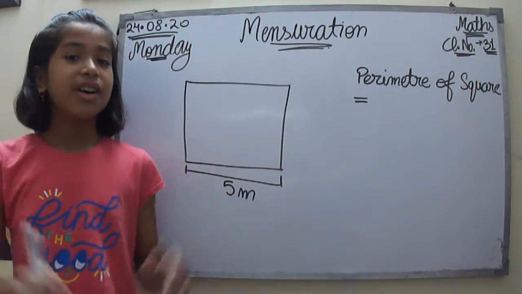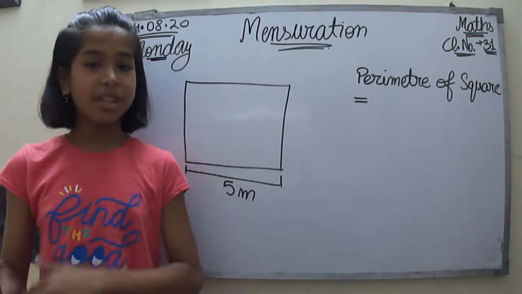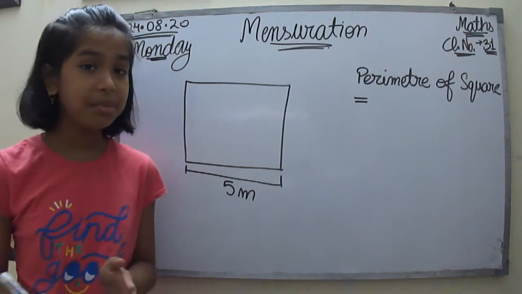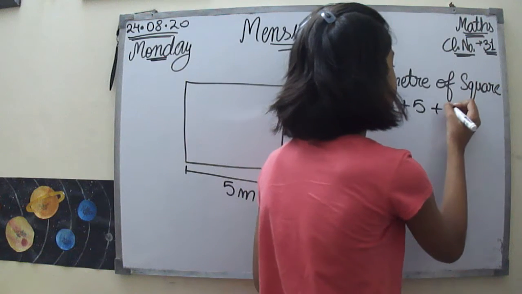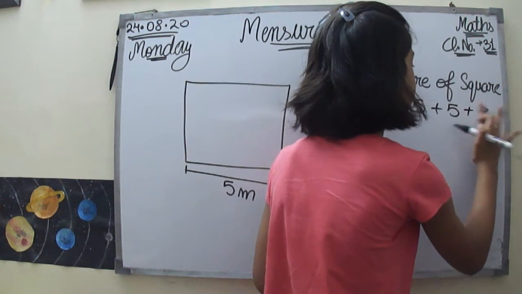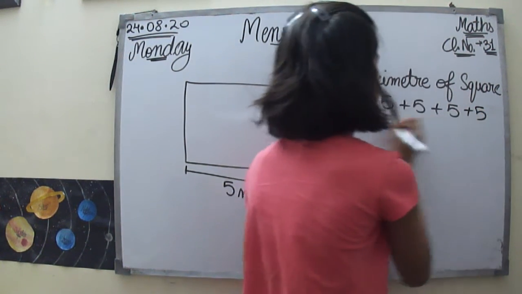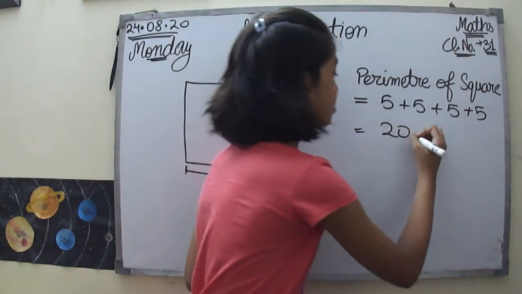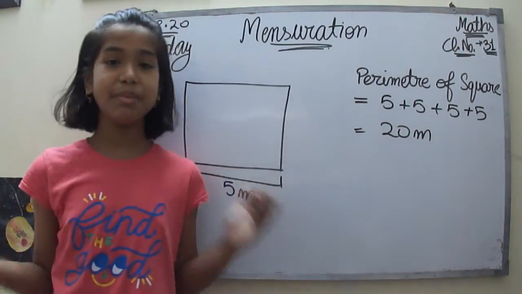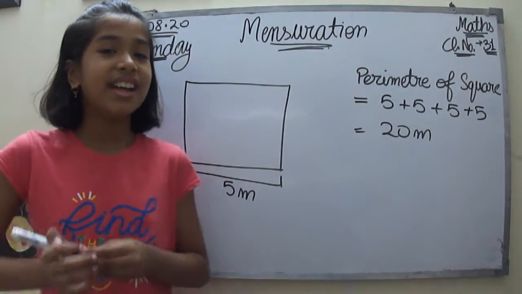So what will be the perimeter of the square? The perimeter of the square will be 5 plus 5 plus 5 plus 5, which is 20. So the perimeter is going to be 20 meters.